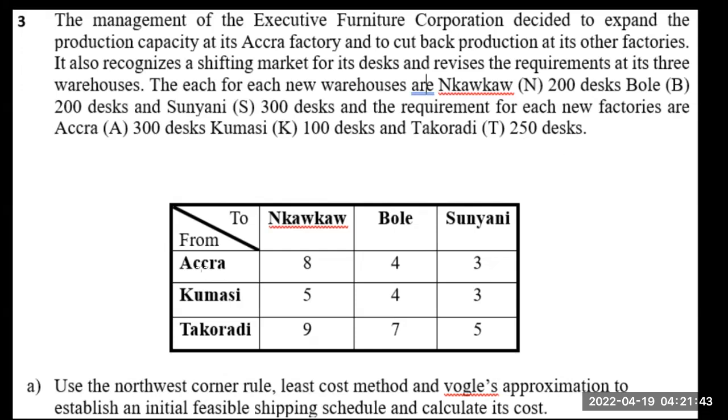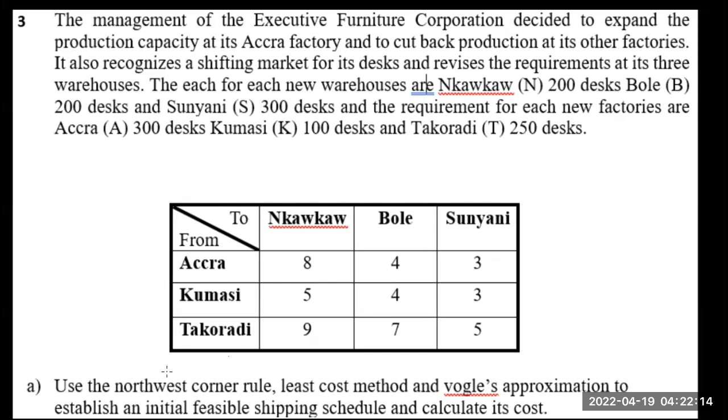From our reading, we see that Nkoko, Bolly, and Sunyani are the warehouses, whereas Accra, Kumasi, and Takoradi are the factories. They manufacture in Accra, Kumasi, and Takoradi and send to the warehouses at Nkoko, Bolly, and Sunyani.